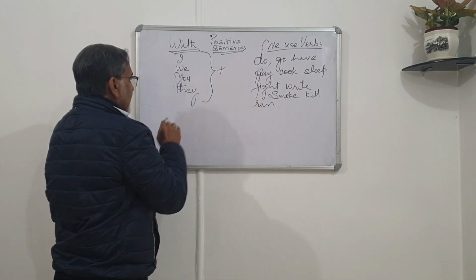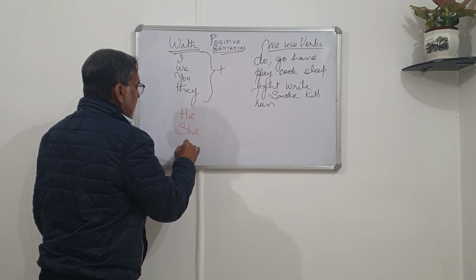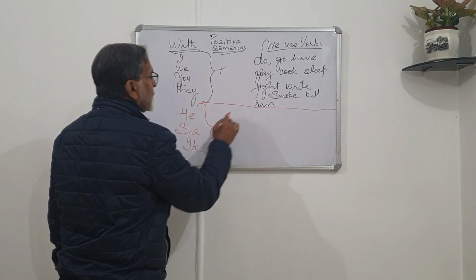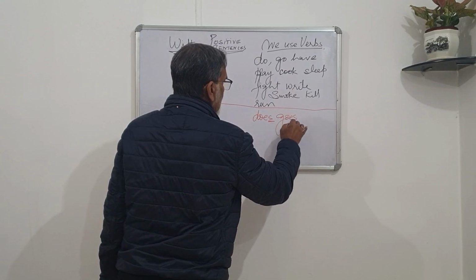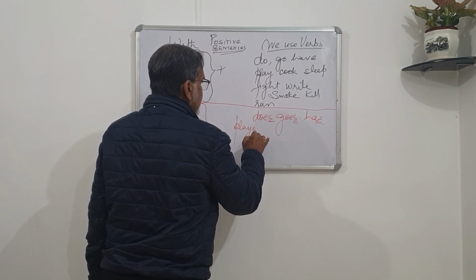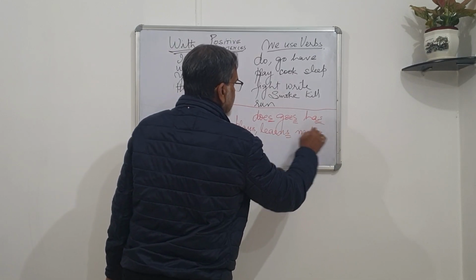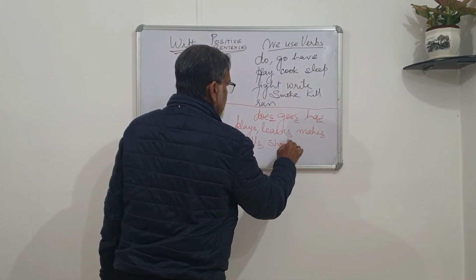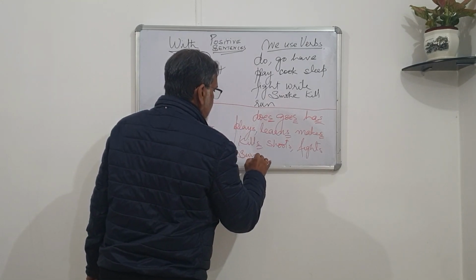But when we come to he, she, it, with these we use words does, goes, has, plays, learns, makes, kills, shoots, fights, swims.